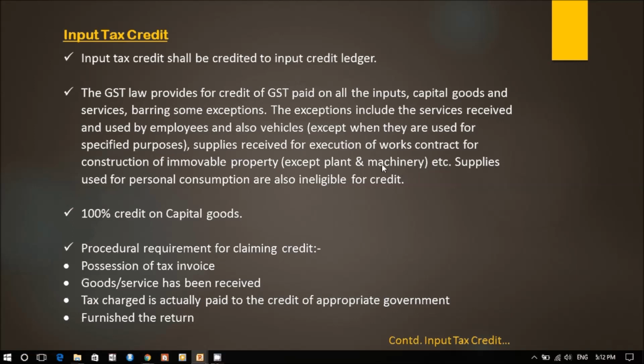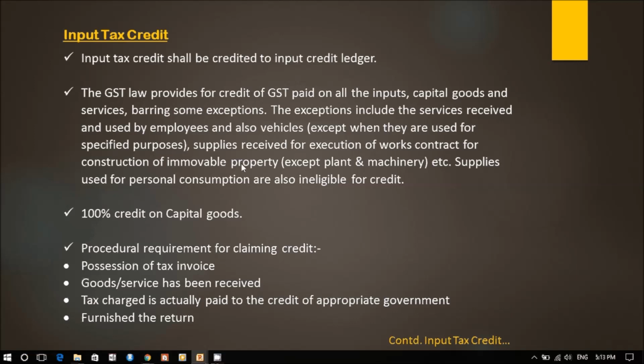But if these supplies are for the execution of the works contract that pertains to a movable property, then we would be able to take the credit of the input tax that we have already paid.